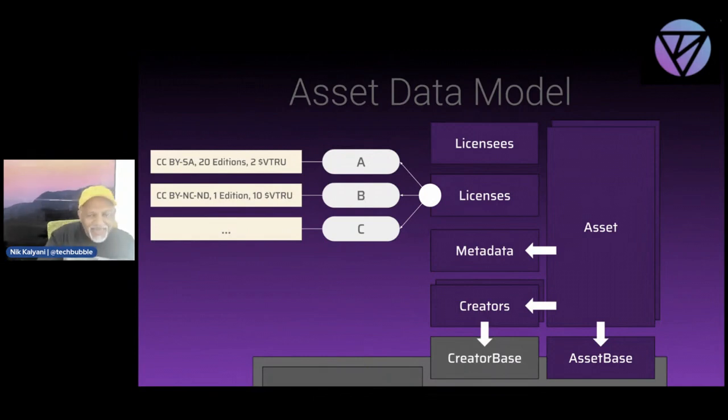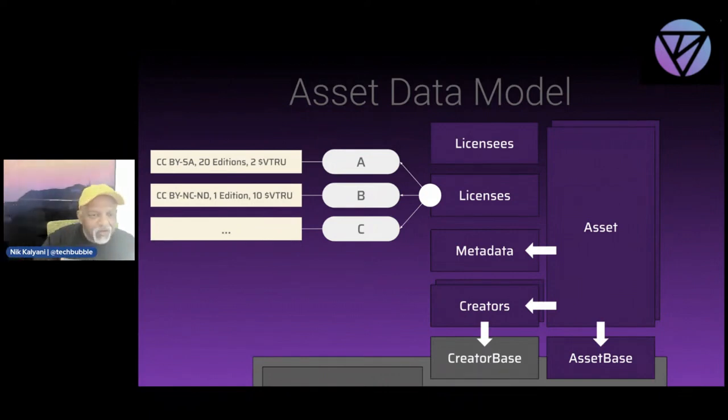So going back to my asset data model, if you recollect, an asset is stored in the asset base smart contract, which is our registry, right? And so far we've tackled creators and we've tackled metadata. Now we bolt onto that licenses. So with the asset, a creator can define any number of licenses and say that, okay, looking on the left there, license A, it's a CC by SA.